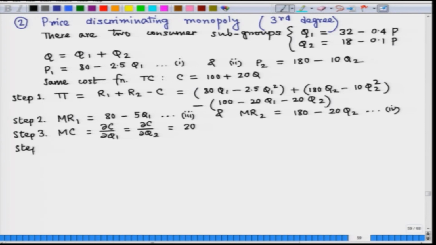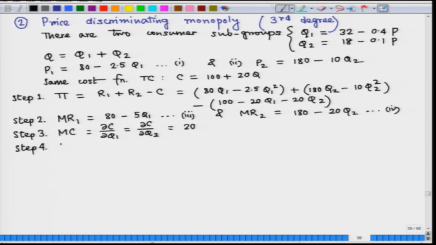Okay. So, next step, what to do? We have to equate these individual marginal revenue curve expressions to the marginal cost, and hence we get the equilibrium.